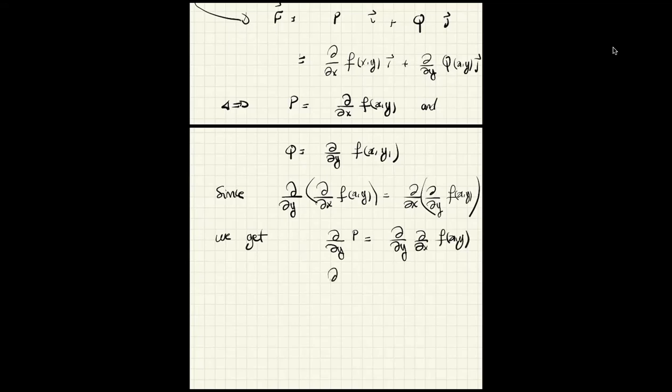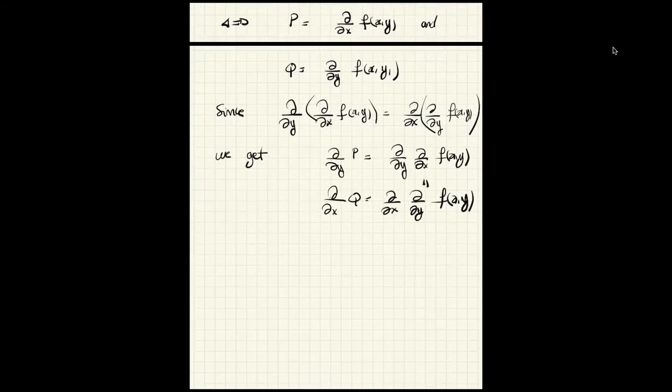And then we apply it to the second one, which is dx dy fxy. But these are equal if it's continuous. We are supposing that everything is fine here, but these are equal, which means that dy is equal to dx. Okay?